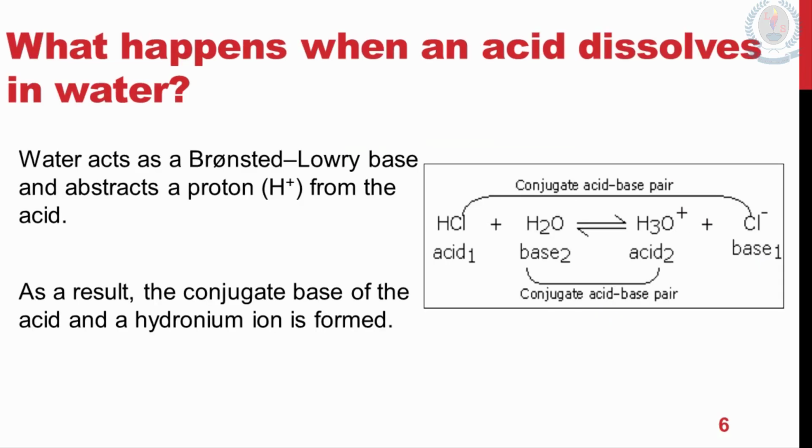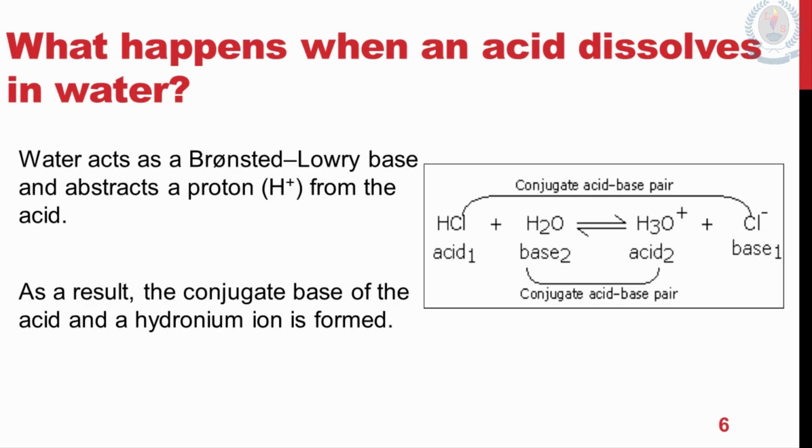Now let's see what happens when an acid dissolves in water. Here, water acts as a Bronsted-Lowry base and abstracts a proton, that means H plus, from the acid. As a result, the conjugate base of the acid and the hydronium ion are formed.